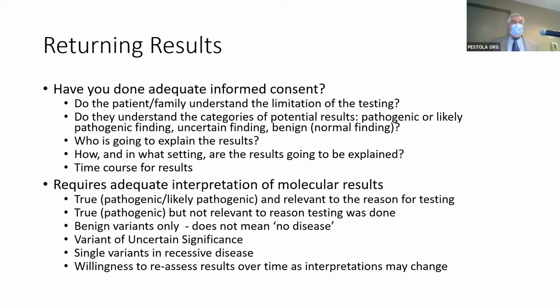Pathogenic, likely pathogenic, uncertain, benign, not necessarily equal to, except in their mind, normal. Who's going to explain the results? Did you order it because it's a 6-month wait to get into your local geneticist? And have you talked to the geneticist before you ordered it? And the geneticist is going to accept the responsibility for returning those results? Or are you going to return them?